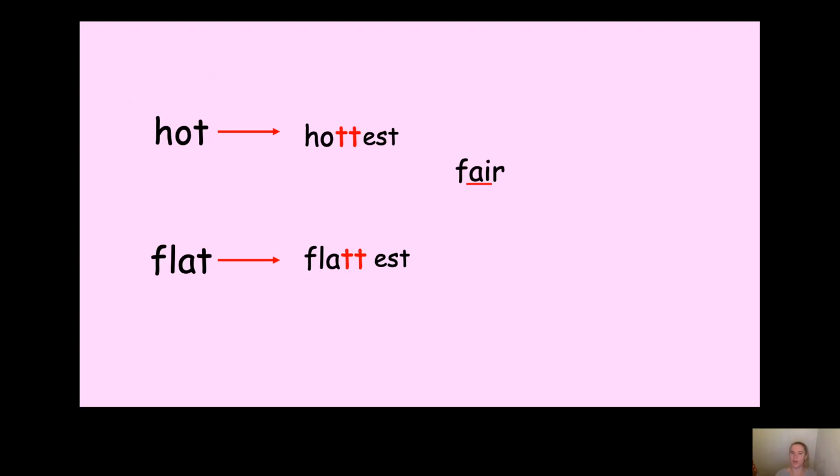Okay, now let's look at another. Now we've got fair here. Now what does fair end in? Yes, it ends in an R, doesn't it? Which is a consonant, isn't it? It's not A, E, I, O, or U. So therefore, R is a consonant. So we could follow the rule, but let's look at what's before. Now we've got an I, and before that we've got an A. Oh, so therefore, that is not a single vowel, is it?